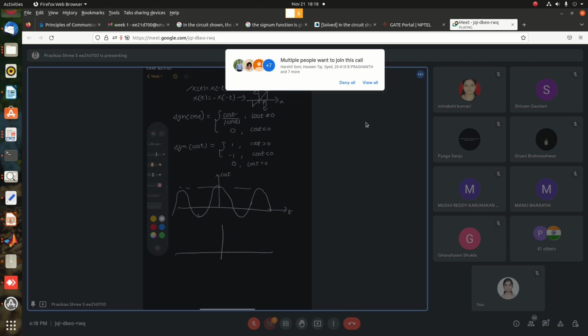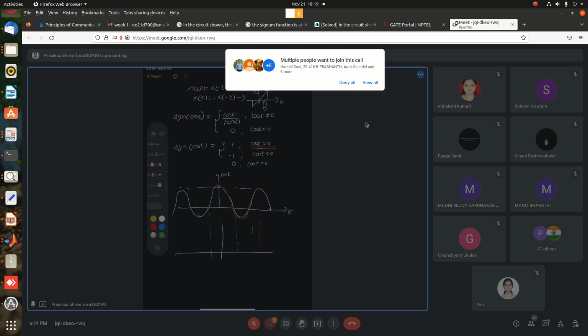Whenever it is greater than 0, let me mark it in red color, we say it is 1. Whenever it is less than 0, we say it is minus 1. When you do this, what will you be getting? Whenever cos t is equal to 0, we will have the value 0.